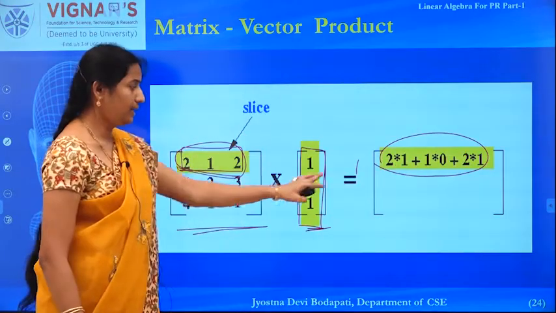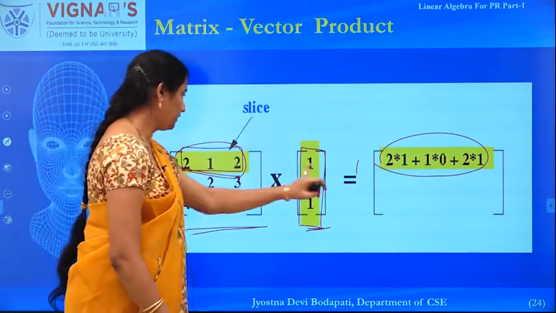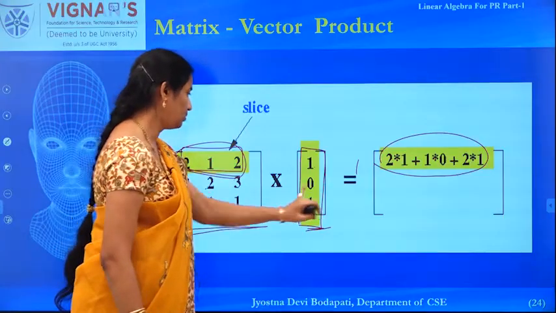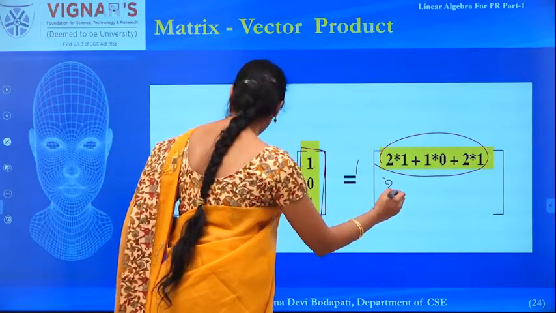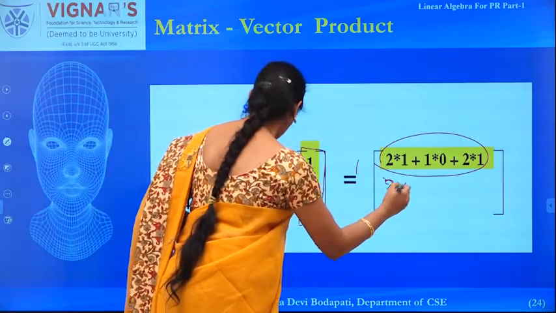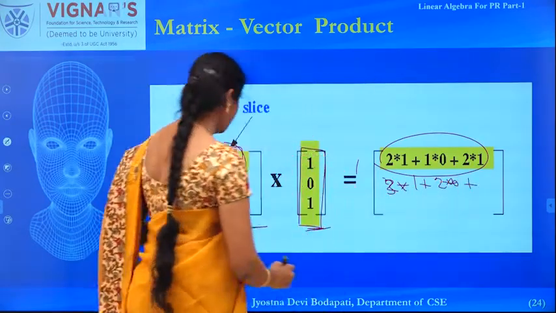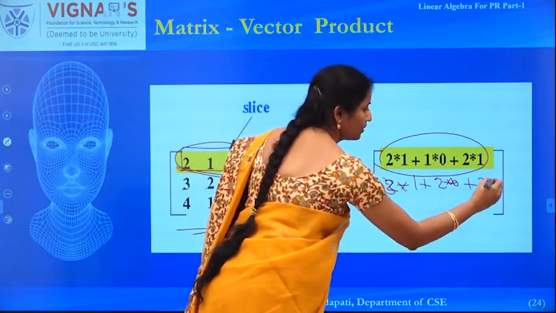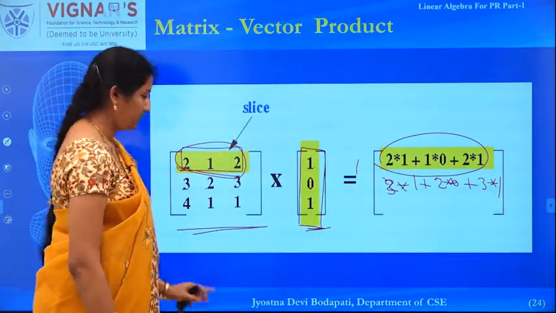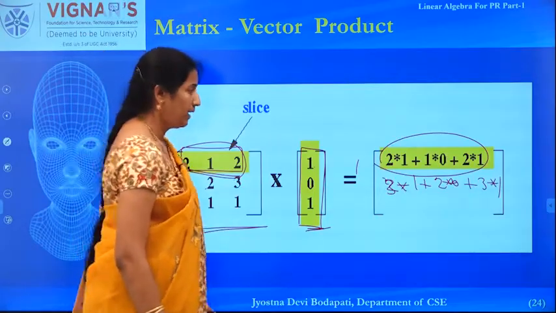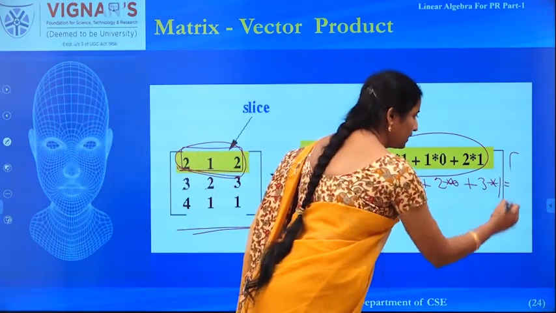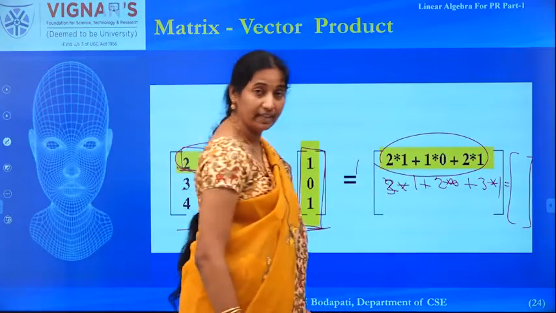Similarly, how do I get the second element? It is 3 into 1 plus 2 into 0 plus 3 into 1. That is the second element, and similarly the third element. If you observe, the result is a vector itself.